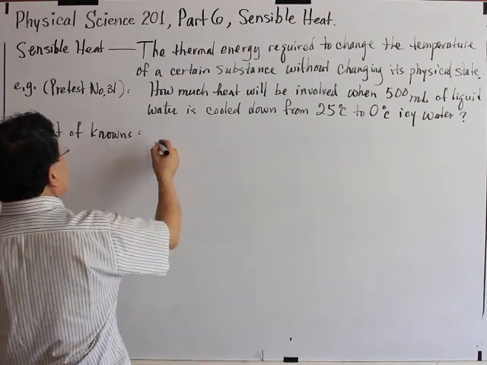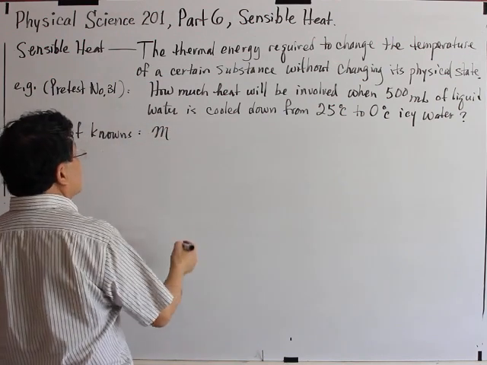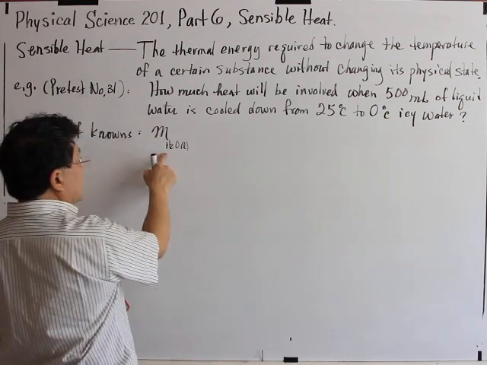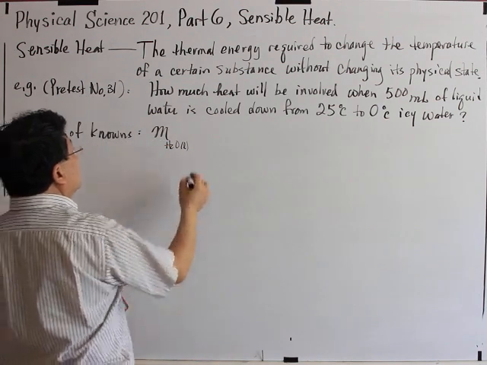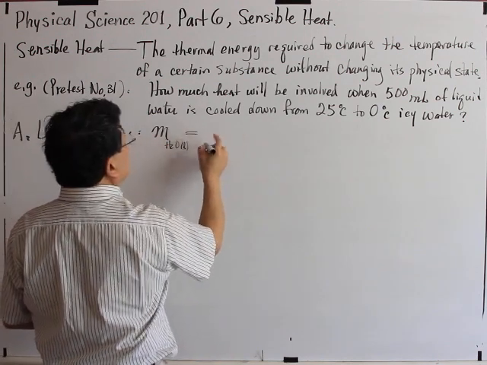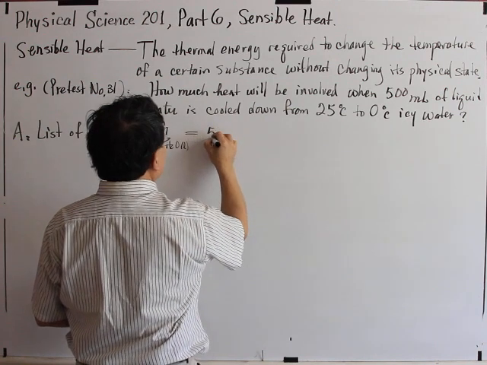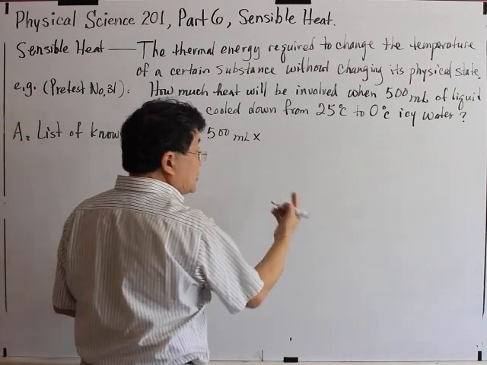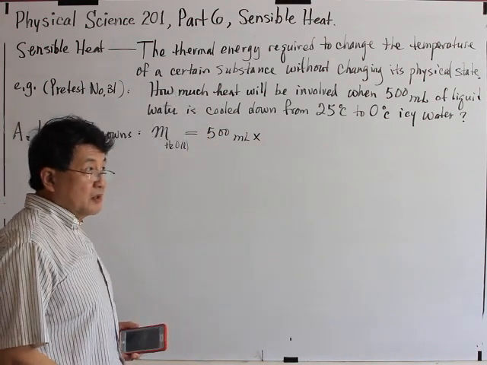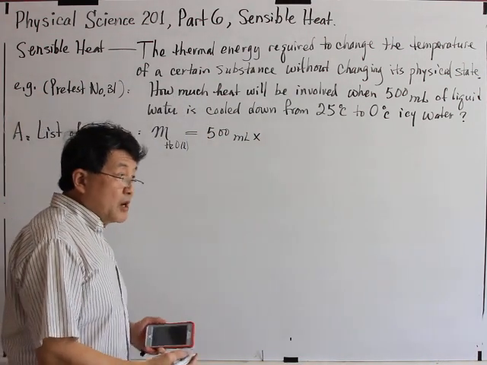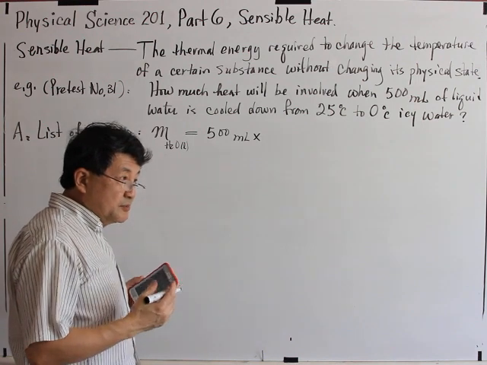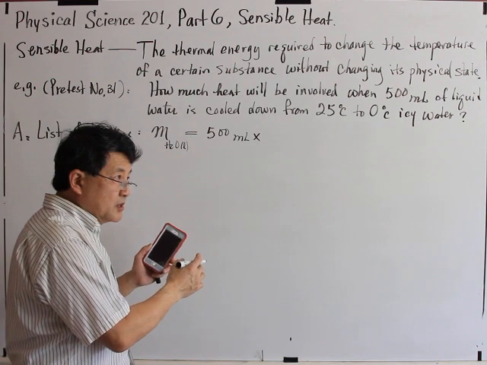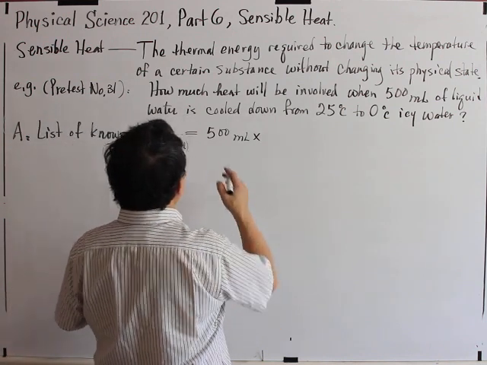We were given the mass of water, and it was a liquid, H2O(l), and it is 500 milliliter, and then multiply the density of the liquid water, which is 1 gram per milliliter, already specified in the previous video section.